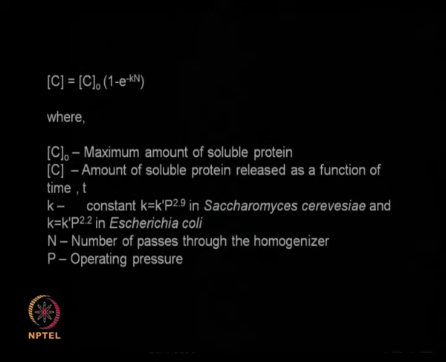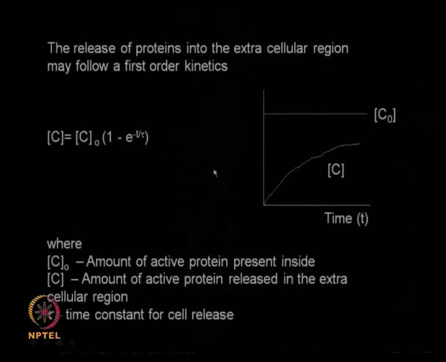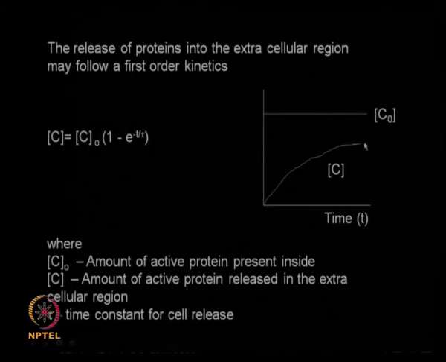So obviously this relationship will again be going up exponentially as a function of time, okay. So we can assume that the proteins are getting released or the intracellular product coming into the extracellular region as a function of time in a very exponential manner. So C is equal to C naught times 1 minus e to the minus t by tau.